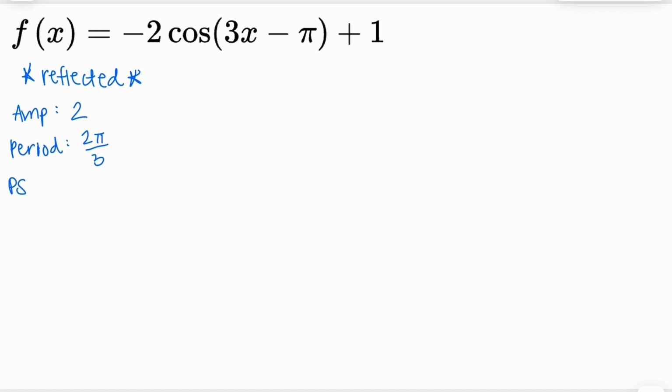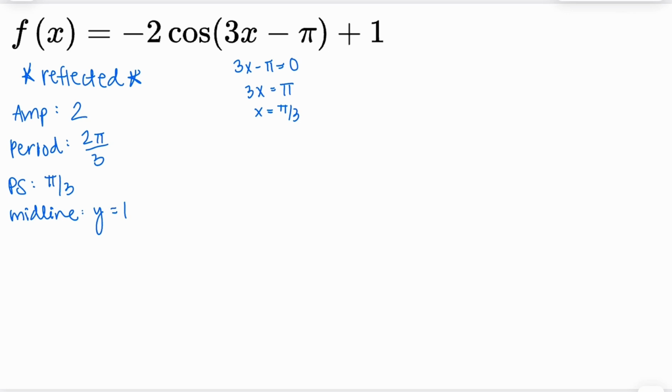That'll be my period. My phase shift will be pi over 3, right? You can set this equal to 0 and solve, or you can simply remember that it is c over b. That is my personal preference, how I do things. Okay. My vertical shift is up 1, which means my midline is going to be y equals 1.